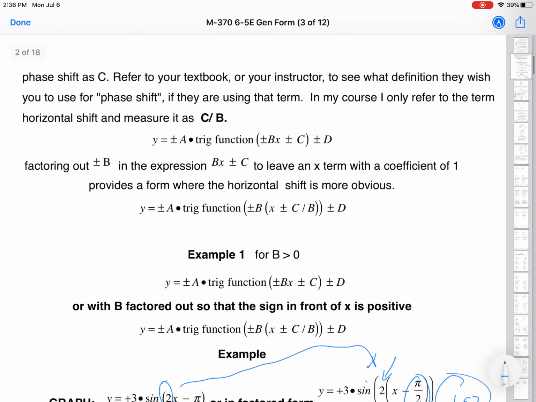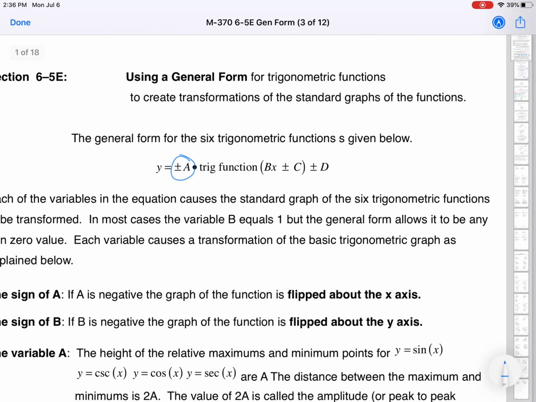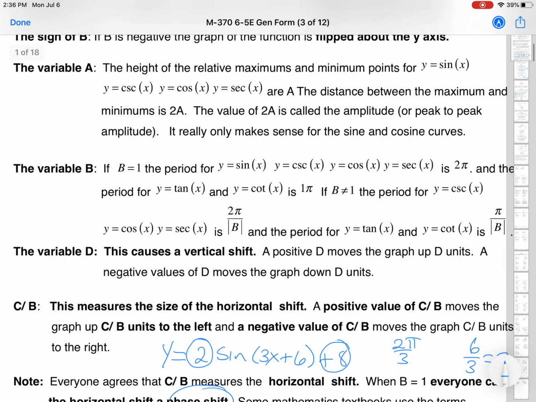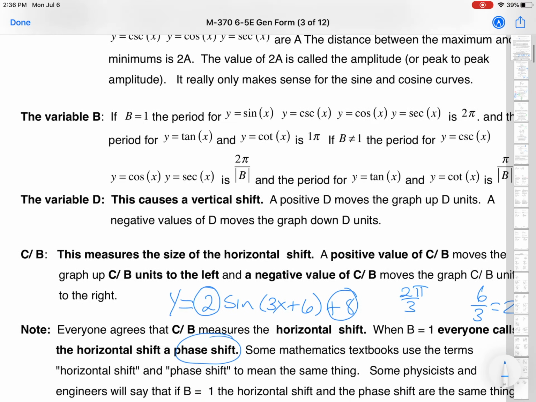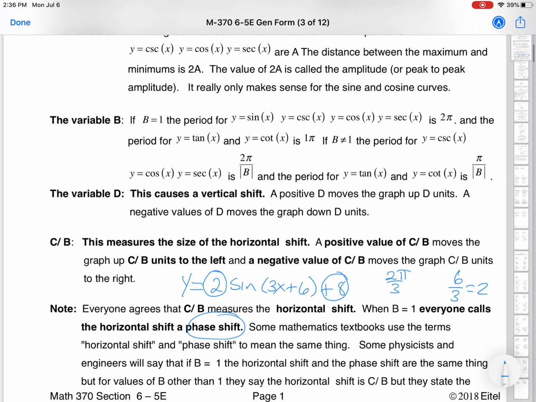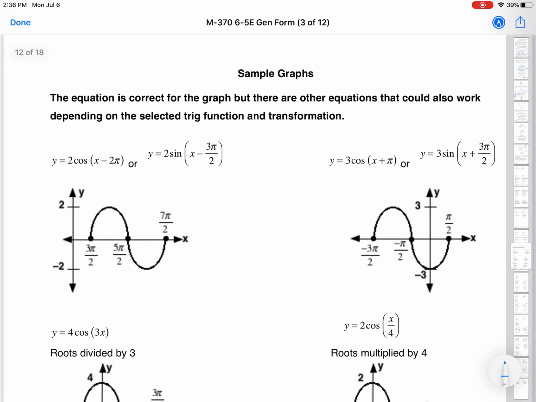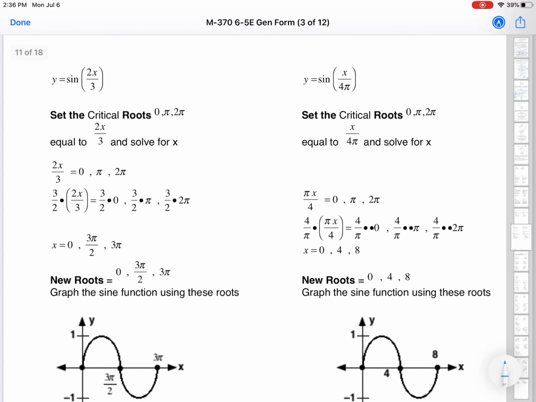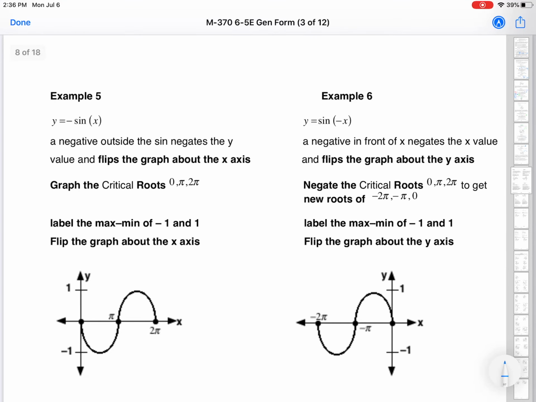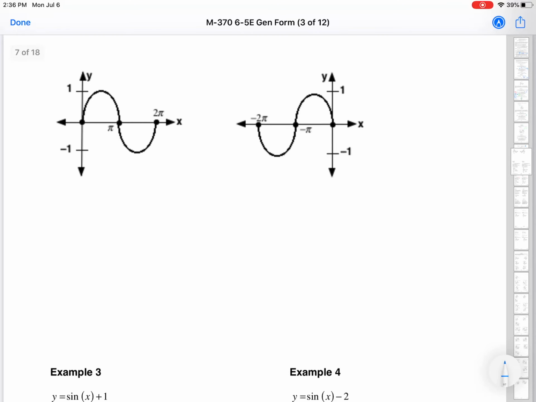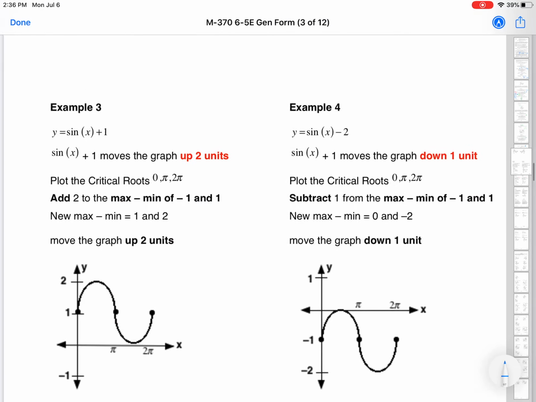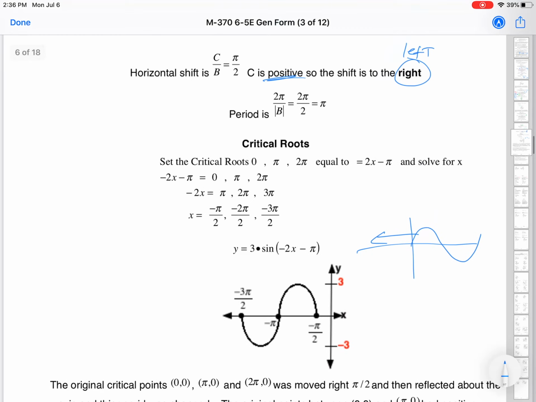If I go back up to the original first page, if we look at the shifting, a positive value moves it to the left. It's right there. So a little bit of a mistake there coming through. Let me see about where we were at. Okay, we weren't that far yet.